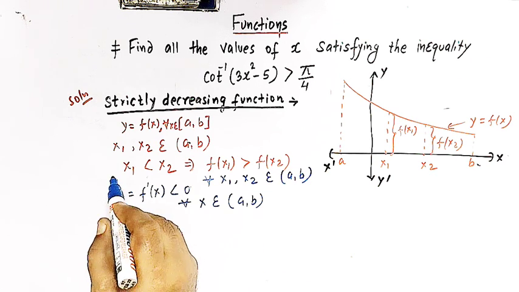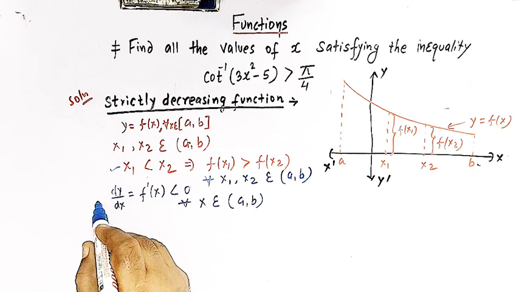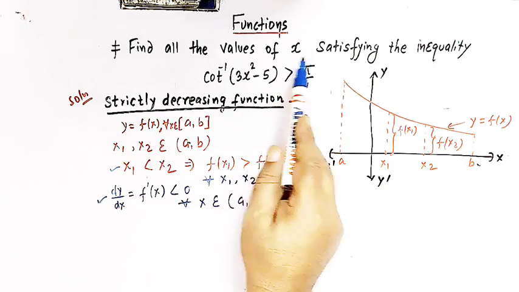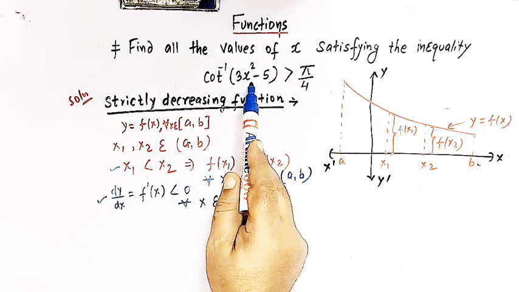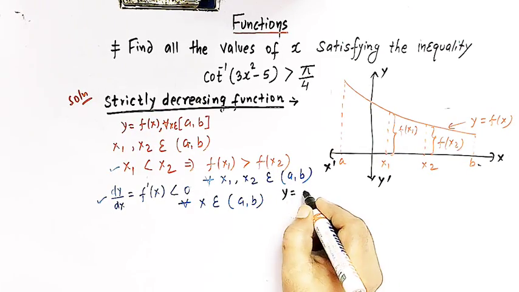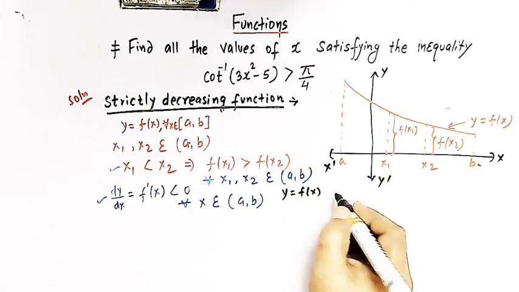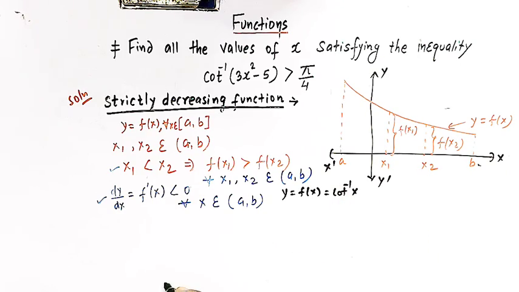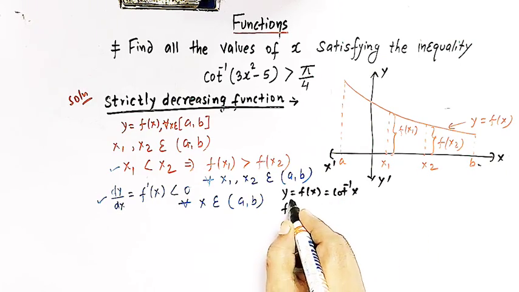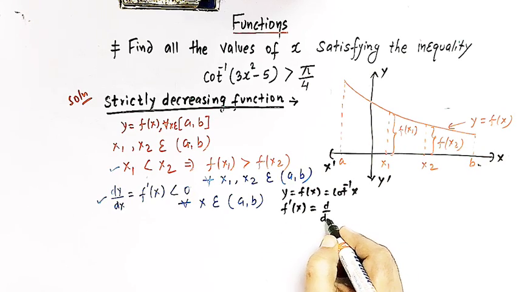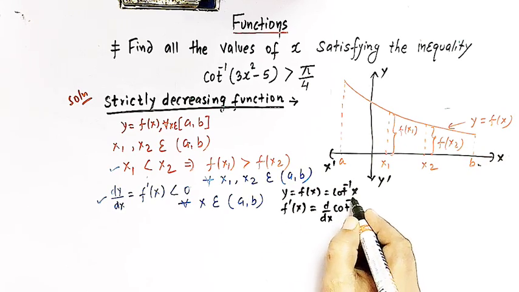So now we'll take help of these two definitions to find out all the values of x satisfying this inequality. Let us consider a function, say y is equal to f of x is equal to cot inverse x, right? And let us find the derivative, that is f prime of x is equal to d by dx of cot inverse x.